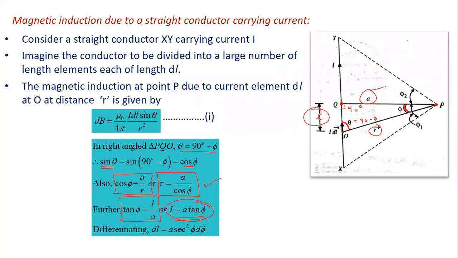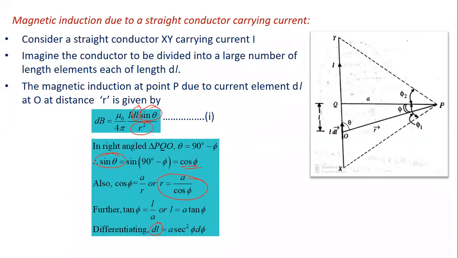So here we get some terms. First one is dl. Now sine theta, you can see here, this is sine theta. Sine theta is cos phi, or sine of 90 minus phi. Then we get r is equal to this.